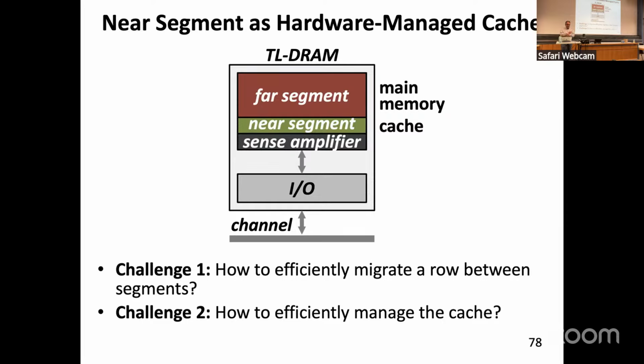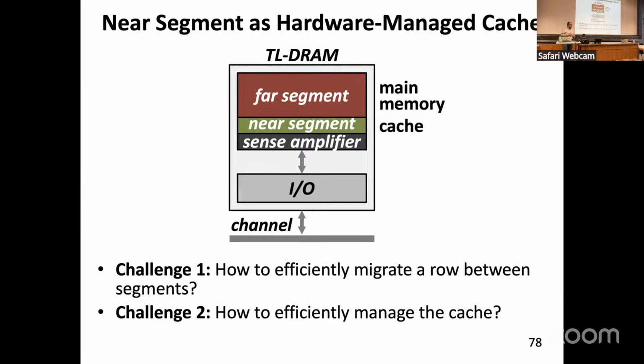The reason is the line is actually so large. The cache block usually is around 64 bytes or 128 bytes, for example. However, here in your near segment, you have 8 kilobits of data. So managing this cache can be different from a normal cache.